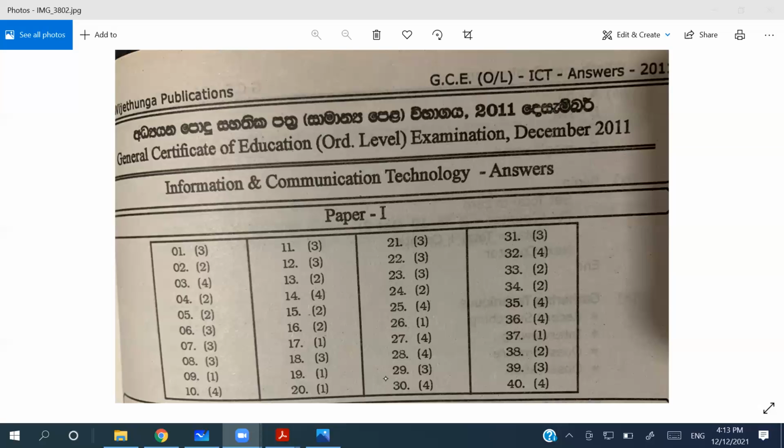Right, immediately I receive yours. 28, 31, 35, and 39. Okay.